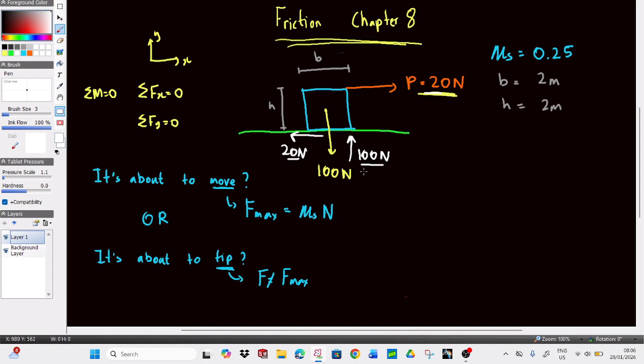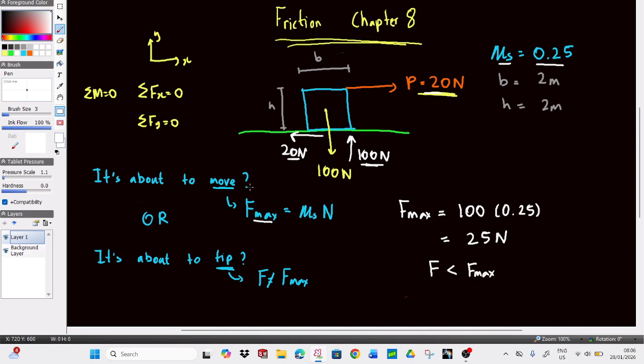Now let's check if our frictional force is equivalent to F max. Our F max, the maximum frictional force offered by the surface, is 100 newtons times 0.25, the coefficient of static friction, so it's 25 newtons. We can clearly see that 20 Newton, our F, is less than F max.